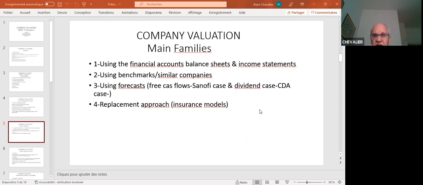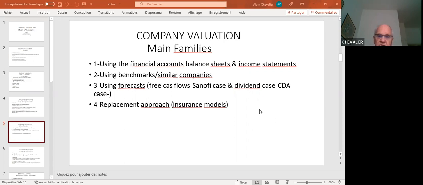It is clear that when we have a regular growth trend of dividends or free cash flow, it's much easier than when they are not stable, when they are volatile, and we have less bias in the application of the method.